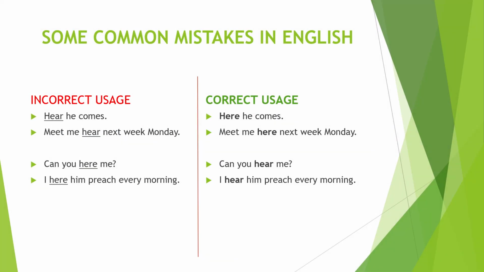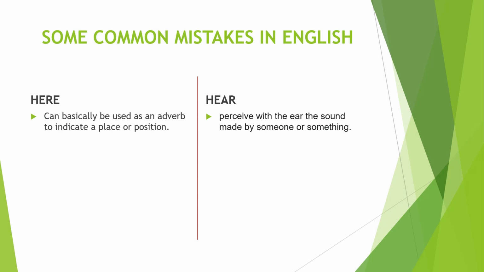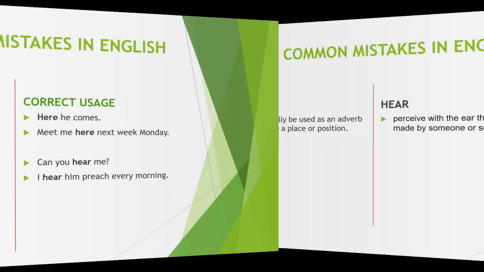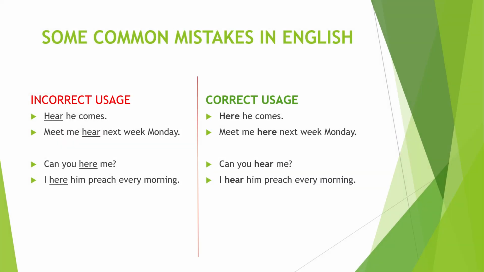Great. So we have: here he comes. Note, in our previous slide we saw that it can be used as an adverb to indicate a place or position. Here he comes. You have seen someone approaching. Maybe you were talking about this person or expecting the person.